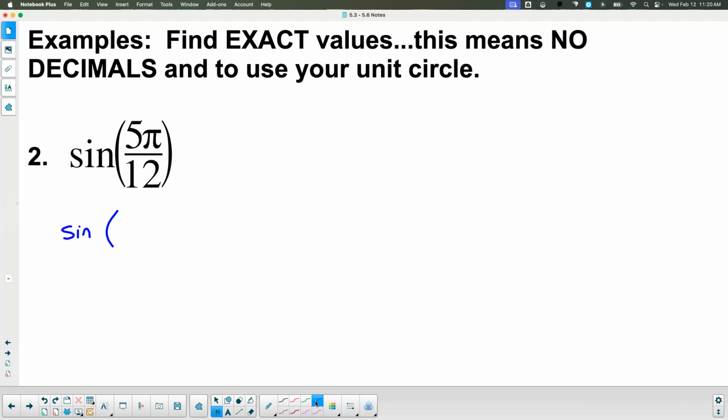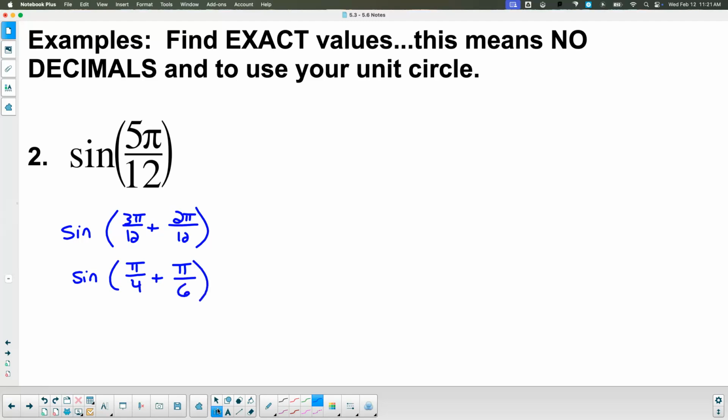Pi over 4, so that's on the unit circle. 2 pi over 12 is pi over 6. Both of those are. So we could do 3 pi over 12 plus 2 pi over 12, and that would be the same as the sine of pi over 4 plus pi over 6.